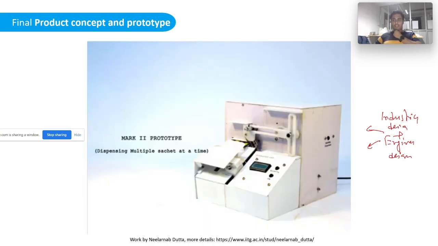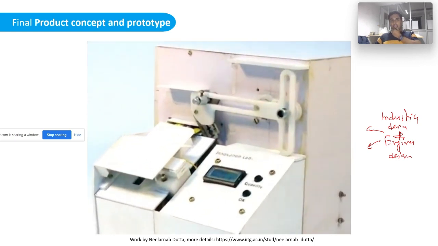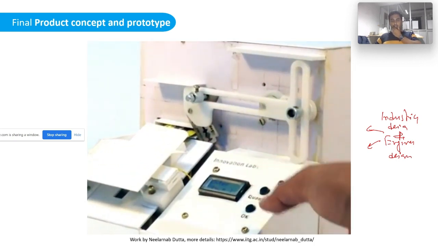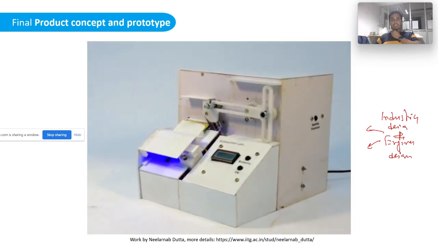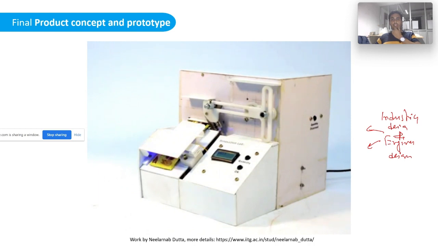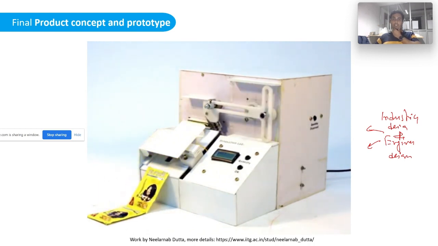Later I did a software upgrade and changed the dispensing mechanism also, and then the system was able to cut multiple sachets in one go. If I say 2 sachets or 3 sachets, it should be able to cut multiple sachets in one go.